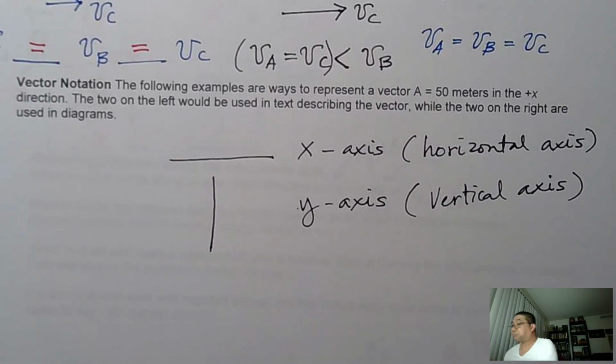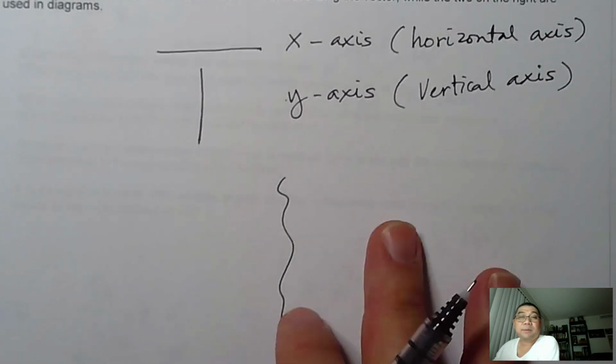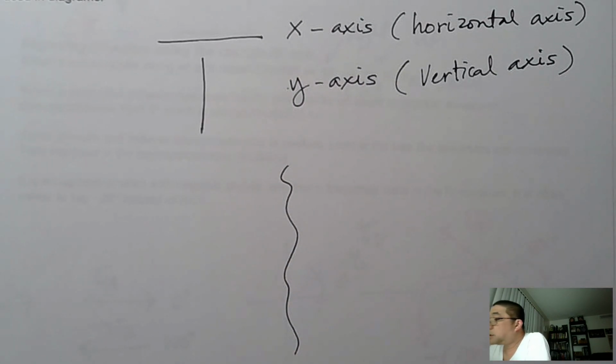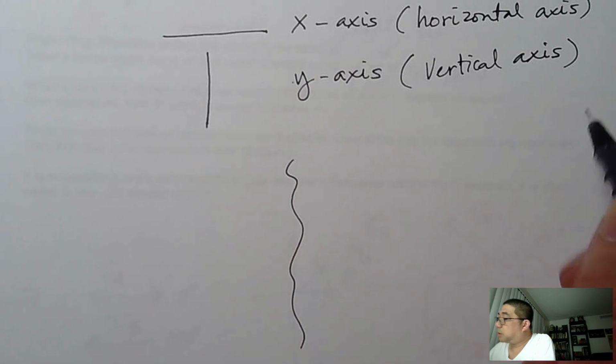Okay, so I will divide the notes into two, one on the left and one on the right. It says here the two on the left would be used in text describing the vector. So for example, we have 50 meters positive x direction.